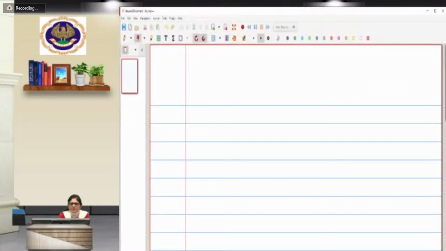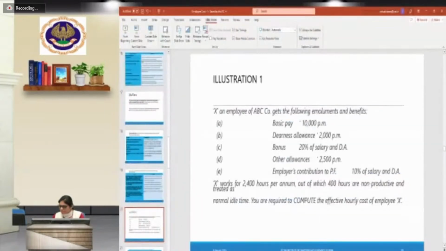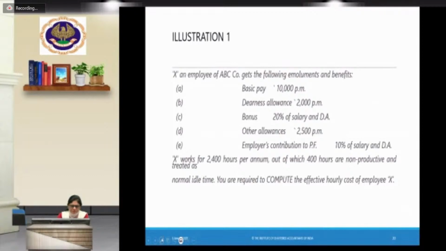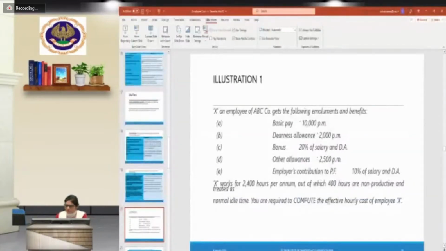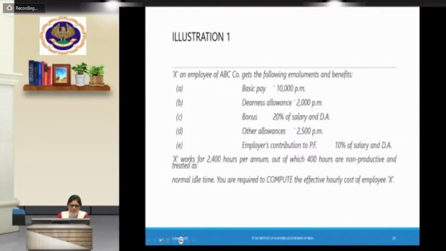One is the earnings of the worker, and one is the labor cost.